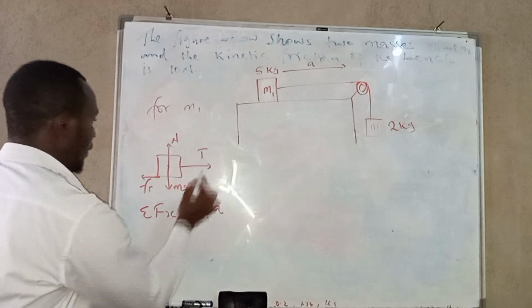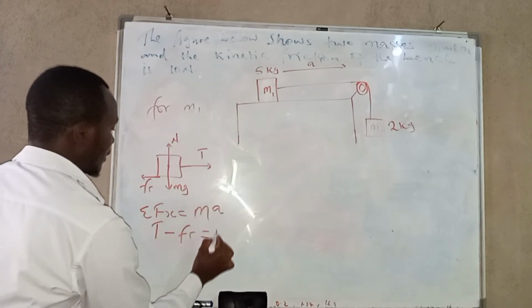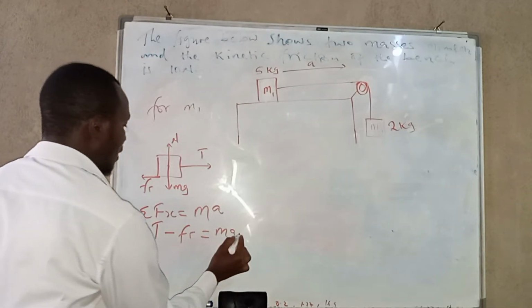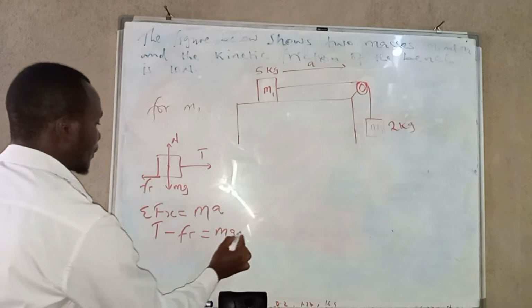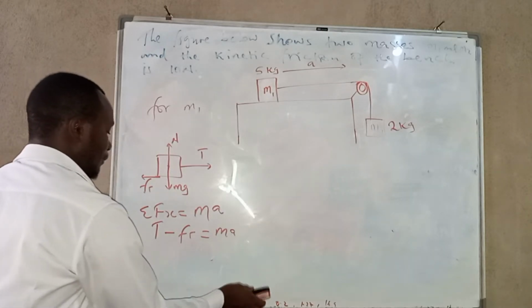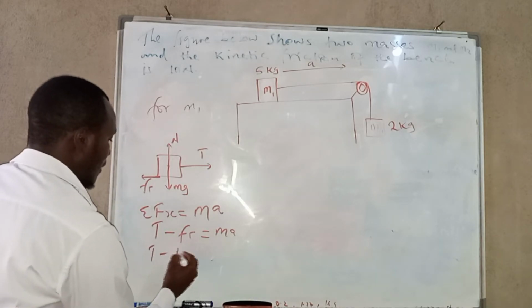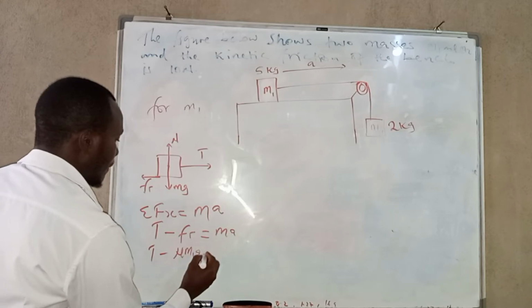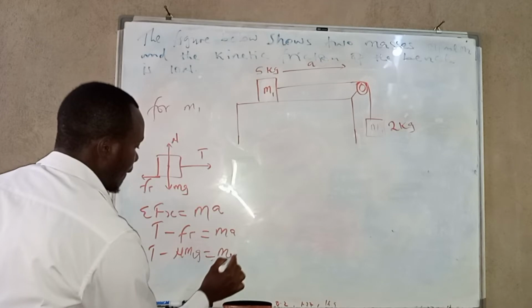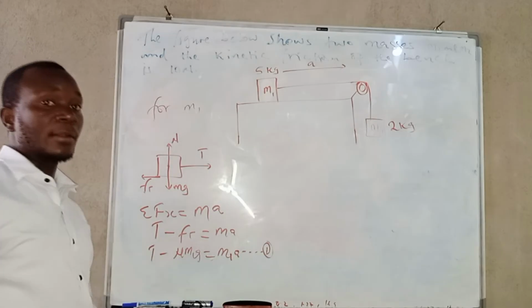In X we have T minus Fr, and this will give us ma. Or maybe we can go further: T minus mu m1g will give us m1a. Let us call this equation 1.